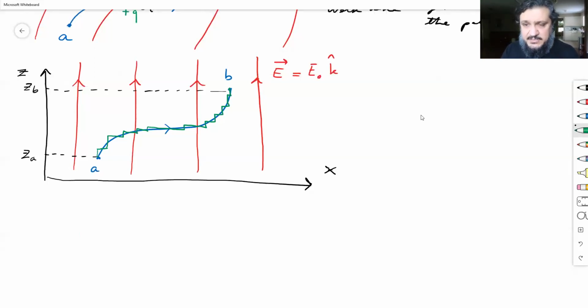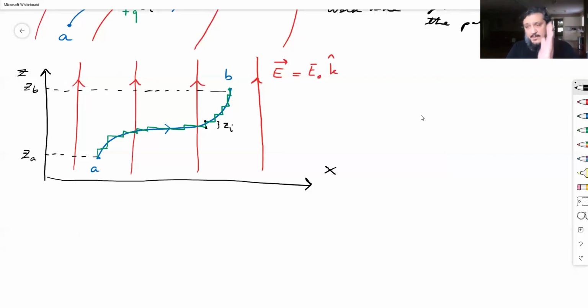So what changed? Now I can do the integral very easily, because whenever I move horizontally, dl is perpendicular to the electric field. But whenever I'm moving up, dl is parallel to the electric field, or to the force for that matter. So for these little increments, when I'm going from here to there, let's call this zi.